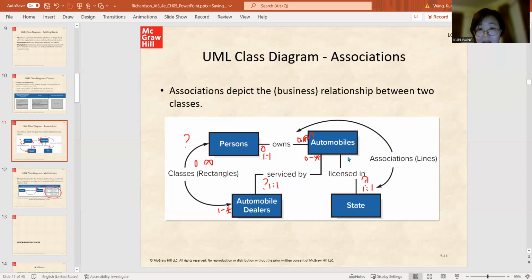But a state can theoretically have 0 cars, and unlimited cars registered under the state. So this one should be more straightforward, rather than uncertain things like the earlier ones. Does this help?